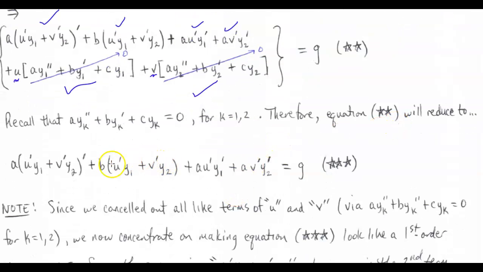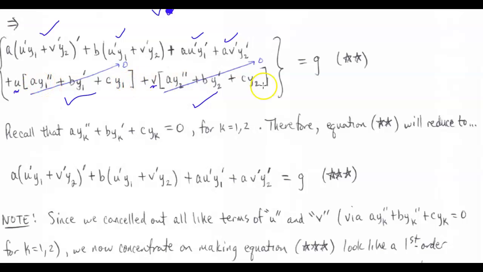So now we know that our equation here is just going to reduce to all these terms here on the top row. So we just have all of this. Okay. Now at this point, we know that whatever this is, this has to be a first order linear ODE.